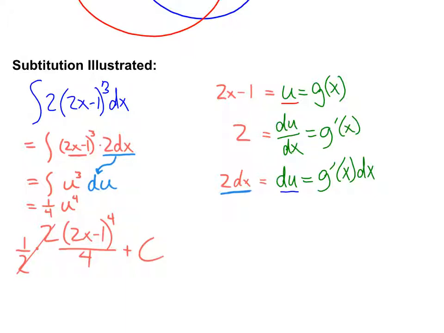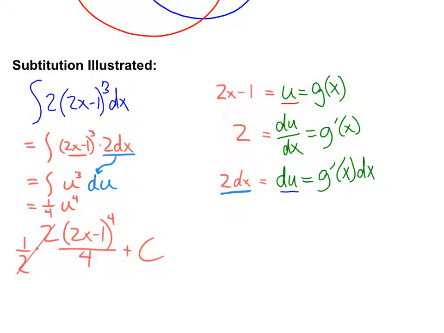So that 1 over a thing is what got rid of that 2. The reason we do that is because through this process, that 2 ends up getting substituted out. That happens every time we have an a in there. It ends up getting substituted out when we replace it with the du, so we multiply by 1 over a to get rid of it.